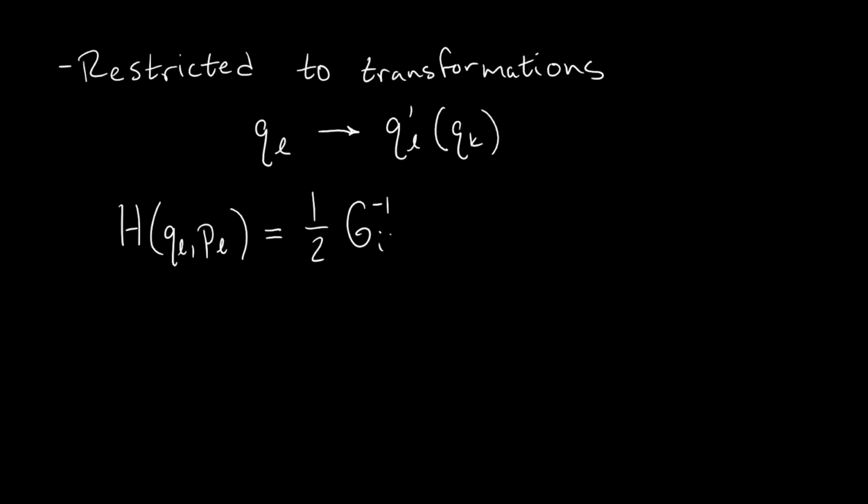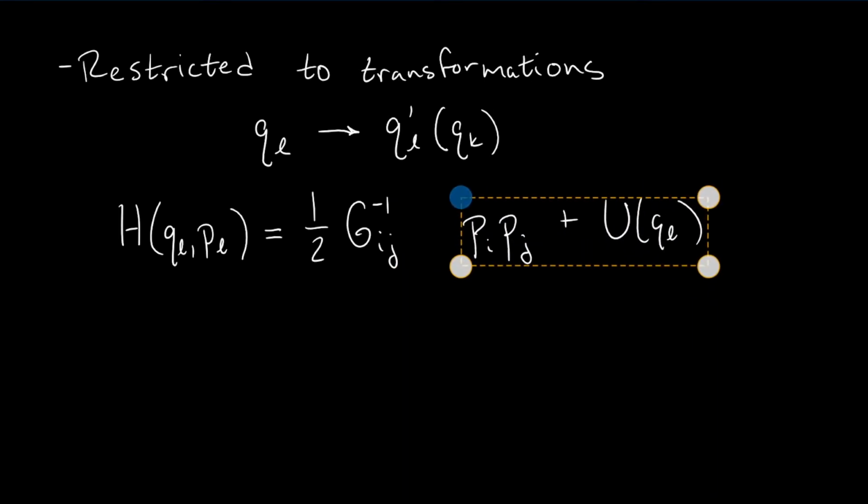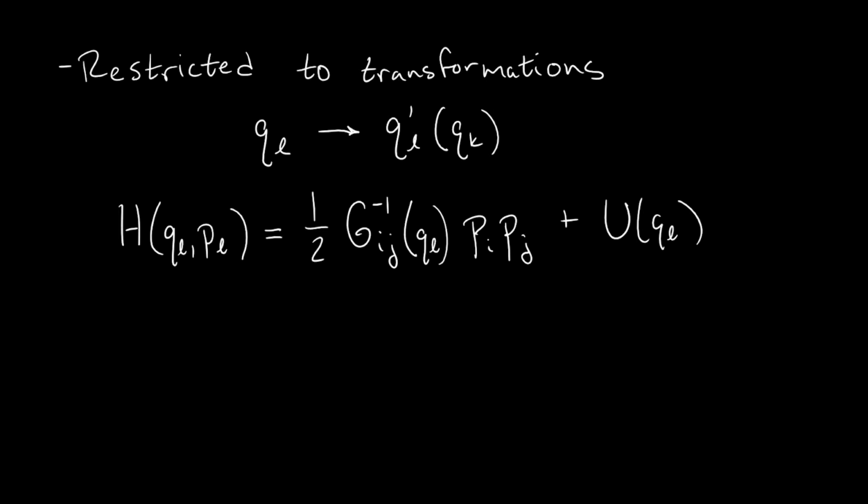write it down, one half G sub ij p sub i p sub j plus U of q. Where in general, I'll go ahead and just explicitly write that this G matrix can be a function of our coordinates. So this is what we've been dealing with up to this point.